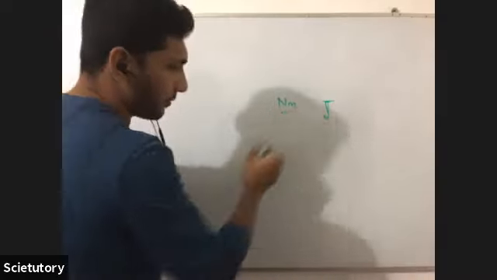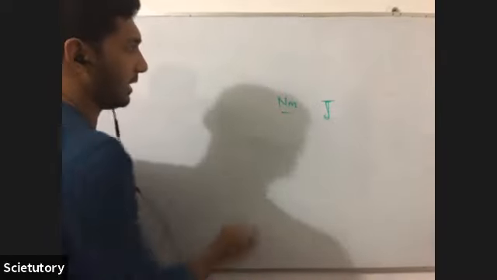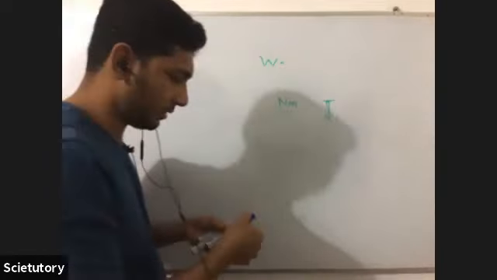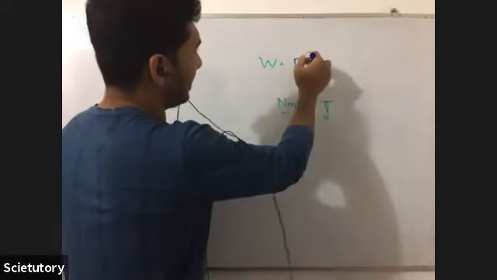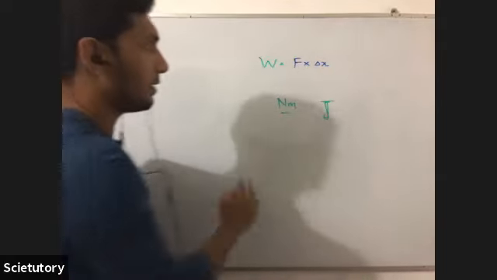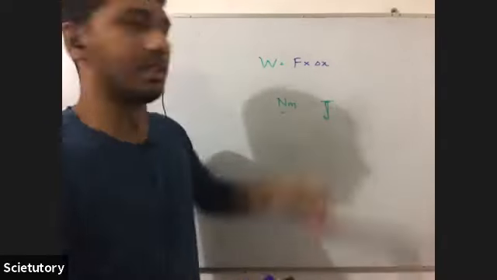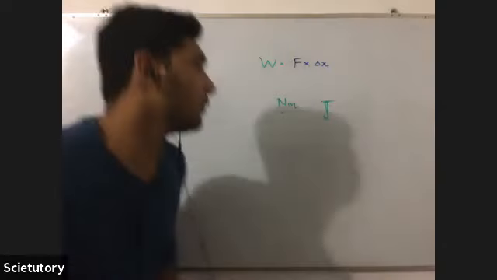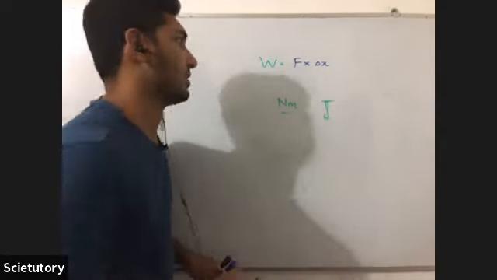Where does this come from? This comes from work. You know the equation for work. Work is force times the distance moved. To be positive, both should be in the same direction. It's not a vector, but there is a sign convention.